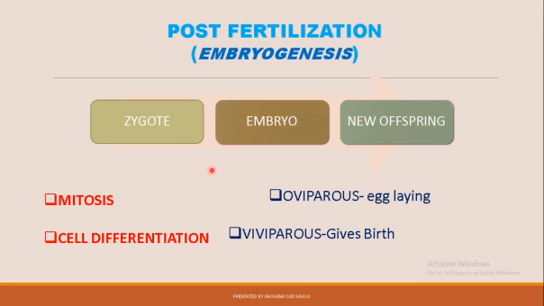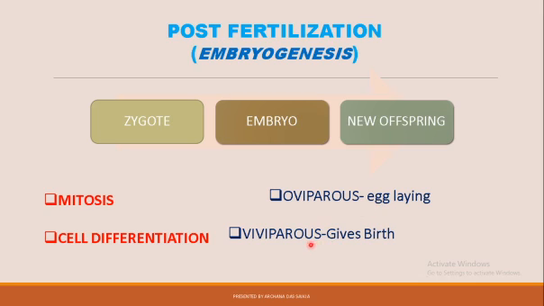It will be given out in the form of an egg, just as we see in birds. The fertilized egg will be incubated. The mother will incubate it, provide it the proper temperature, and finally the eggs will hatch out, giving the new offspring. This is a very common observation we see in birds and reptiles.